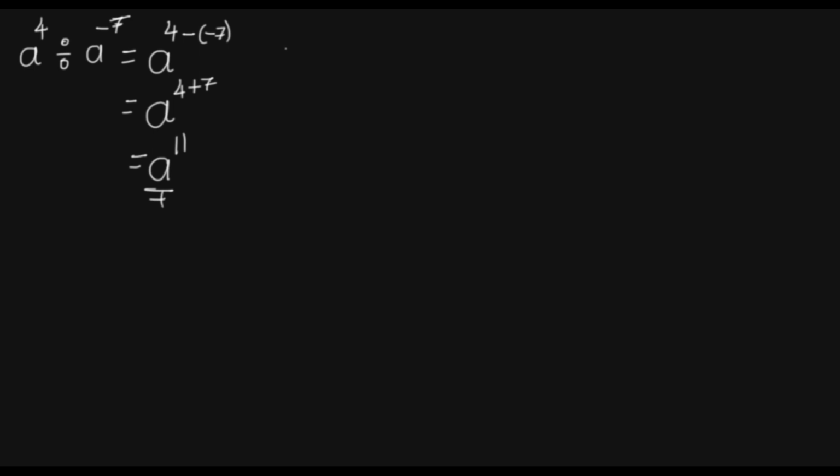Okay, maybe let's try to do it in such a way. We know that a raised to the power 4 is divided by a raised to the power negative 7, so let's write it as a positive index. We said this will be a raised to the power 7, so I'll write it as 1 over a raised to the power 7. Then let's do the usual step. So we are going to change this division into a multiplication sign.